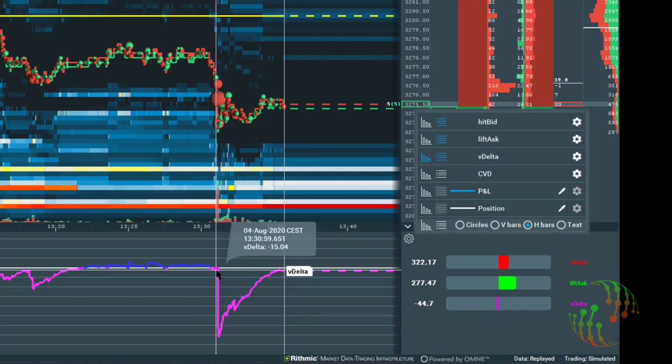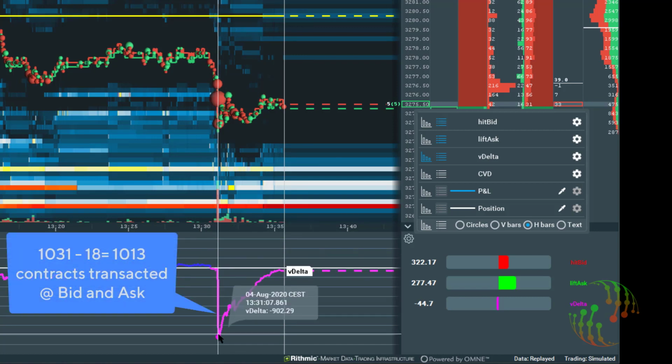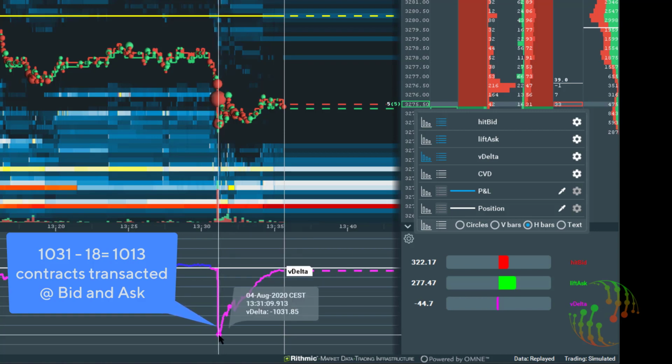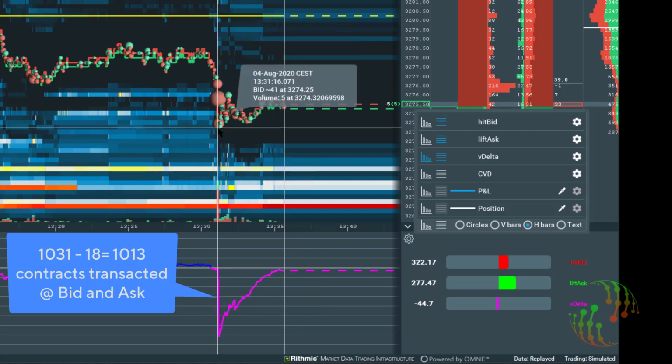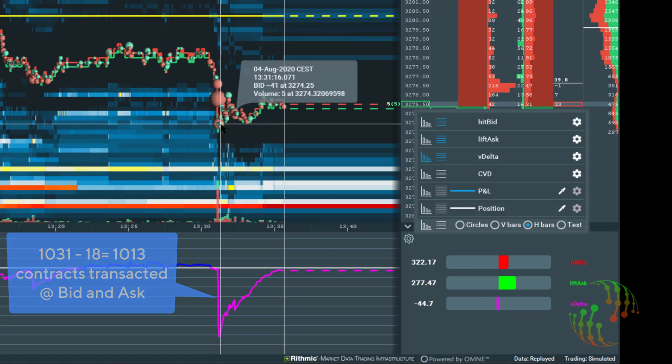The delta indicates the sum of the traded volume at that point, and that means we have roughly minus 18, and the top is 31, which means roughly 1,000 contracts or orders are transacted on this stop run here.